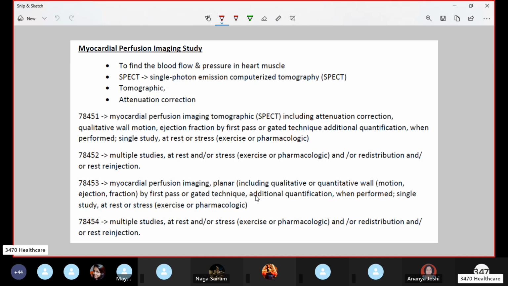For the first two codes, in your question they will mention the words SPECT, tomography, attenuation correction.